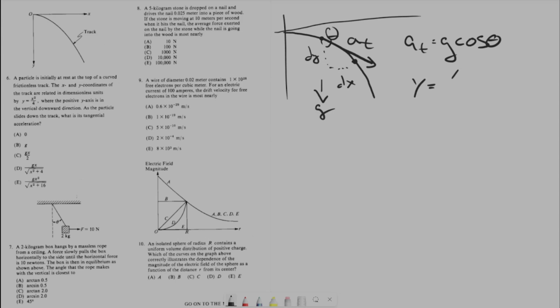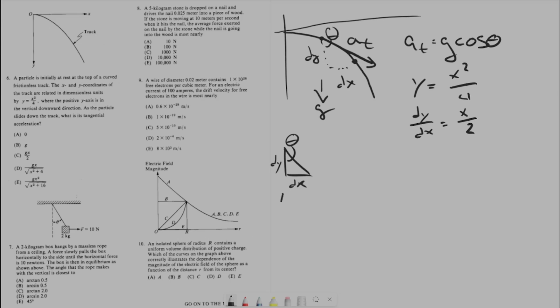Also, y is x squared over 4. If I want that, we'll just get the derivative as well, x over 2. All right, now let's pull this triangle out. Boom, boom, boom. There's my theta, there's my dy, dx.